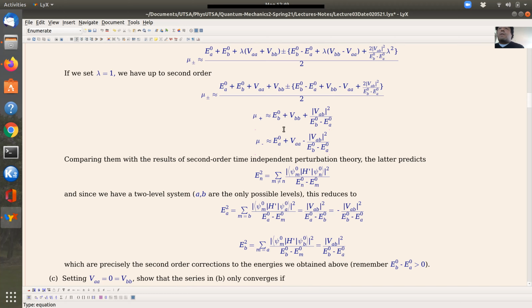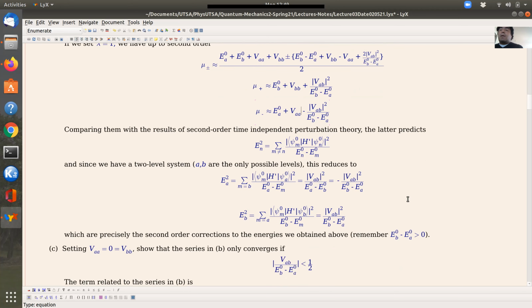So 0 order, first order correction, second order correction, just as we predicted. So this is precisely the second order corrections to the energies we obtained above. So this is a truncation of the exact formula by Taylor expansion. This is what perturbation theory predicts, and we get an agreement. So we're on a good track both in the development of time-independent perturbation theory for non-degenerate states and the way we solve this problem. Okay, and of course, we have made the assumption that the B level of energies is greater than the A level.